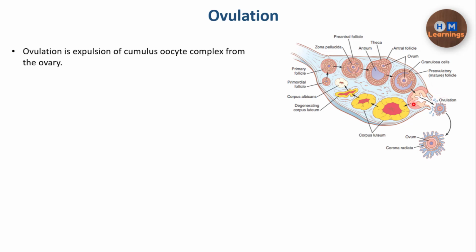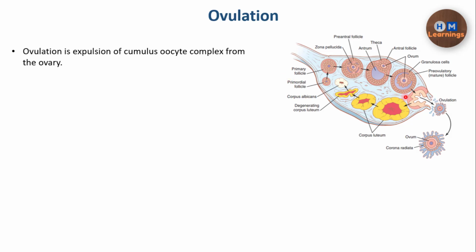We have to focus on this stage. You can see it's an expulsion of not only the oocyte but the cumulus also along with the oocyte from the ovary into the peritoneal cavity. It's a rupture of the follicle as well as a rupture of the ovarian wall. It's not like exocytosis, it is actually a rupture in the wall.